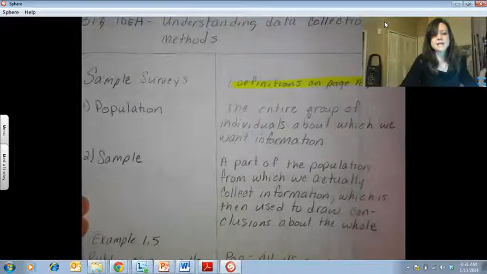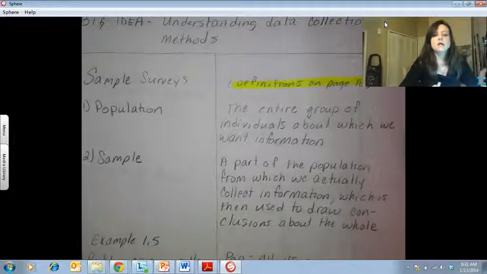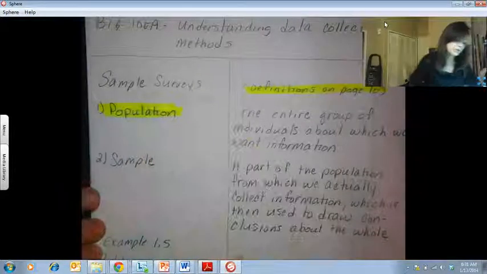On page 10, if you actually read through the book, it uses the example of you want to know what every high school student in the United States thinks. That's going to be the population. The entire group of individuals about which we want information. Which makes sense, again, based on the actual word population.